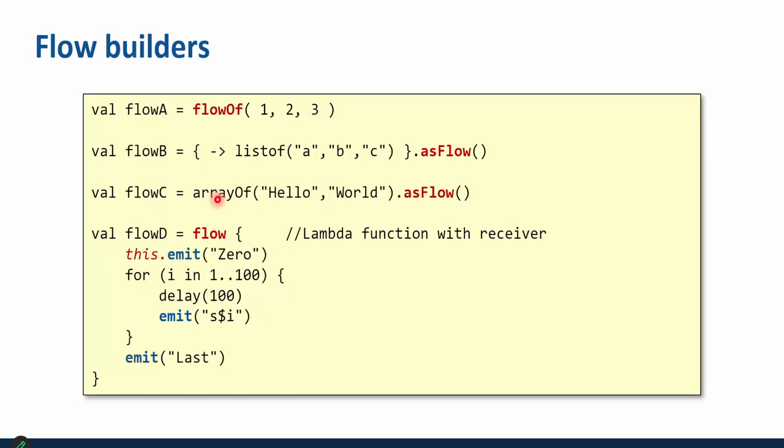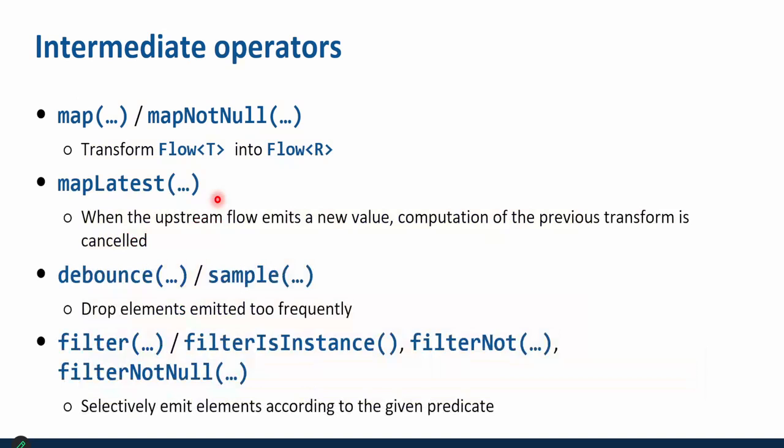Let's see the main cluster of intermediate operators that you may want to have a first quick glance at. You will still have the map, which is the same as the map of collections. It will transform the upstream into the downstream with some mapping rules that you provide via the lambda function.